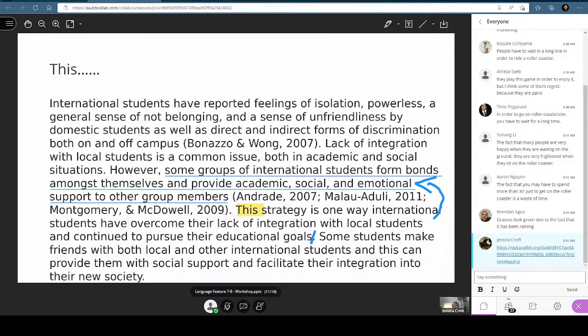Some students make friends with both local and other international students, and this can provide them with social support and facilitate their integration into their new society. I feel like there should actually be a citation here, but whatever.